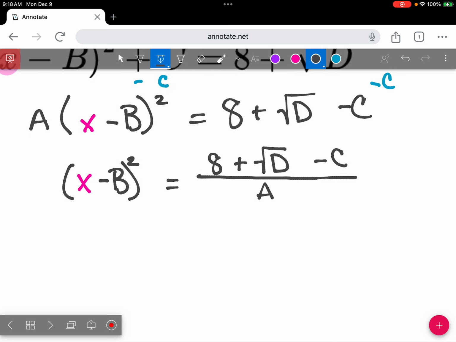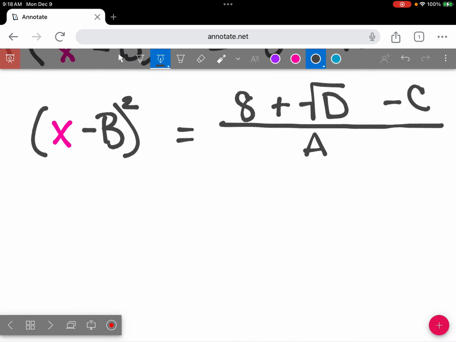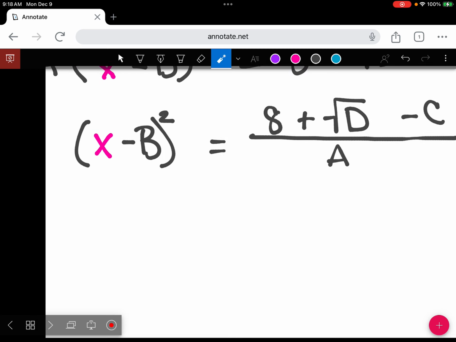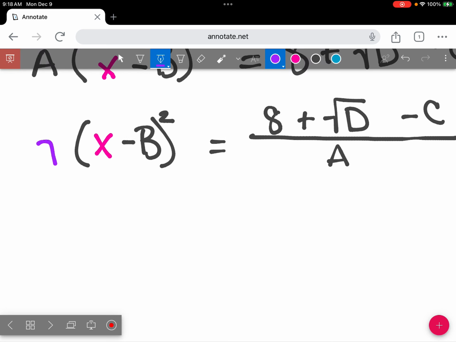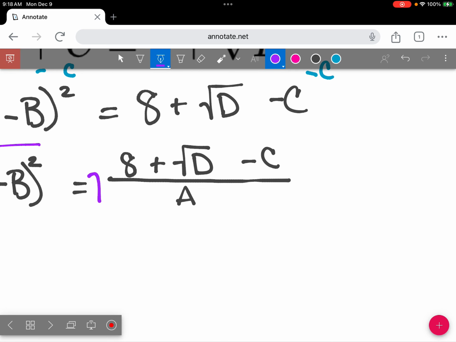And the right-hand side is looking very gross, and that's okay. We still want to get that x by itself. What can I do next over here? Not square, square root both sides. So I want to square root both sides to get rid of that square.